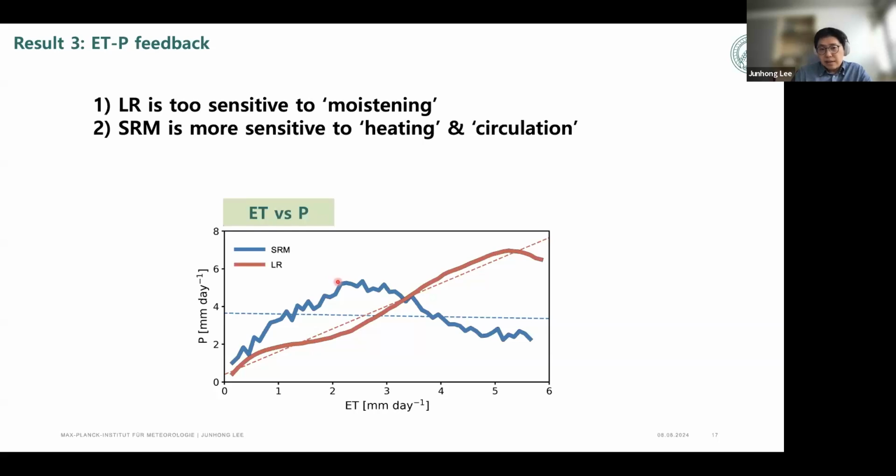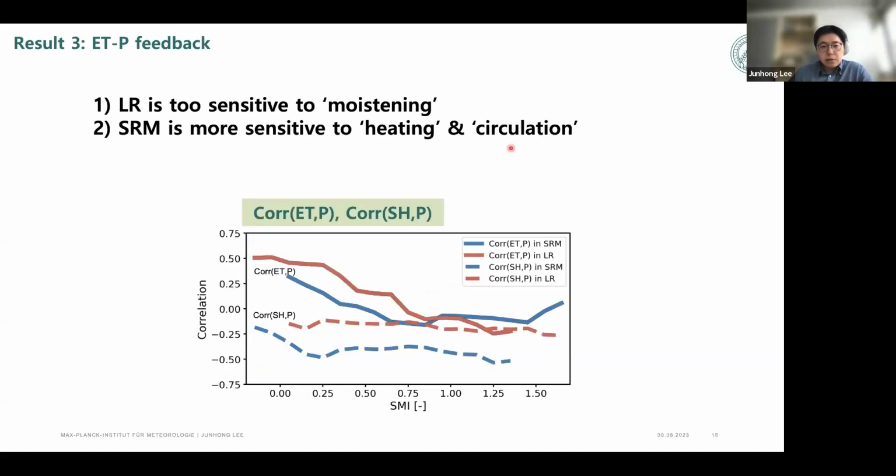We think this is indirect evidence that the surface heating process or circulation process works on it, and then we want to check further. So this time, we plotted the mean average of the correlation coefficient between ET and P in solid lines, and the correlation coefficient between sensible heat flux and P in dashed lines.